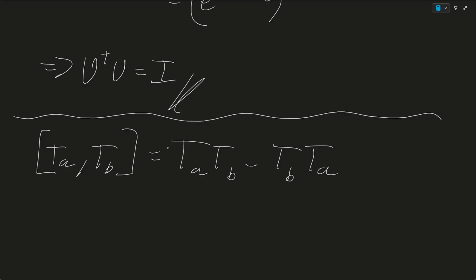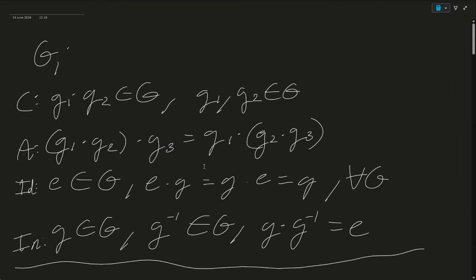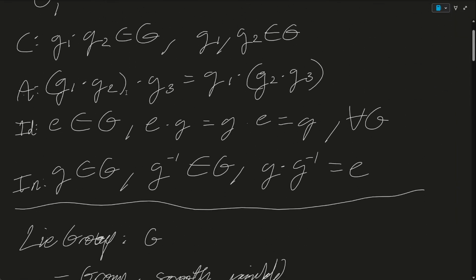Now, we have a fundamental theorem in Lie theory which states that the commutator of any two algebra elements is again in the algebra. And that derives from our group ideas from up here, where the product of any two must be in our group.